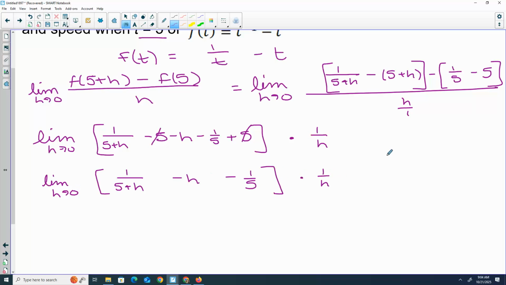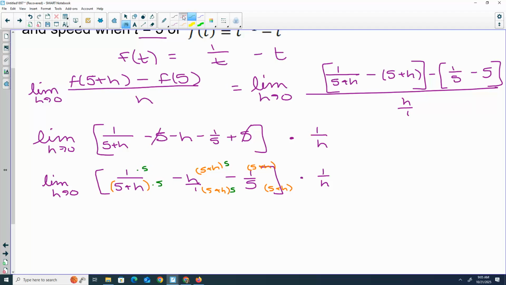If I'm going to put all this stuff together, we have to have a common denominator. Okay, this one has 5 plus h, so the others are going to need a 5 plus h. This has a denominator of 5, so I'm also going to have to multiply the others by 5.